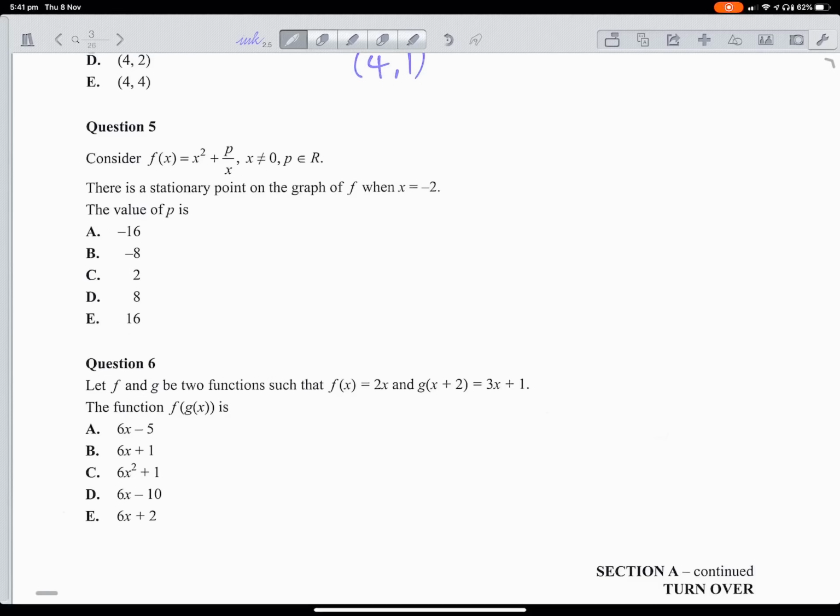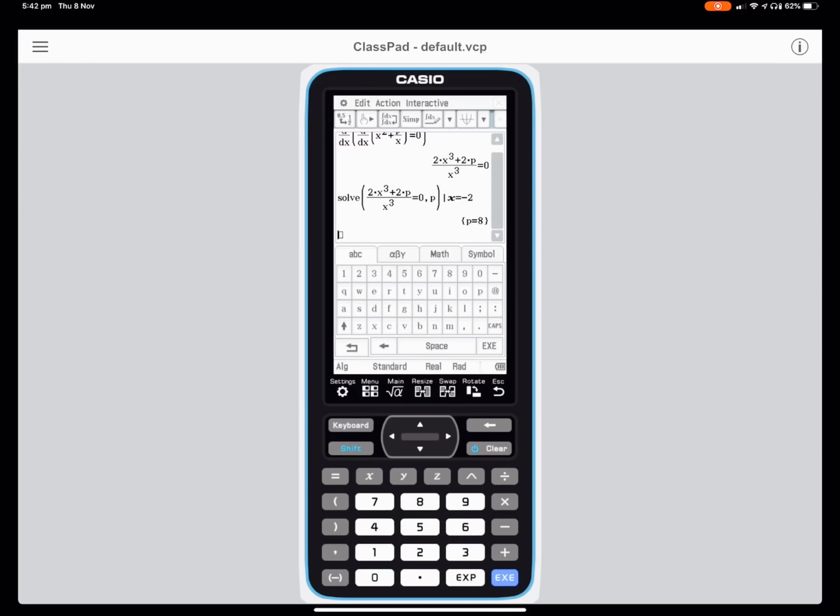P on x is a stationary point on the graph when x equals negative 2. So dy dx equals 0 given x equals negative 2. Let's try it. Oh, there's a double derivative, you idiot. Copy. Paste. And then let's get rid of that.